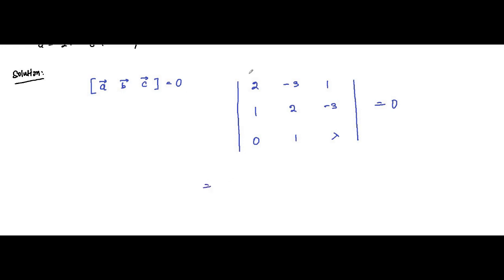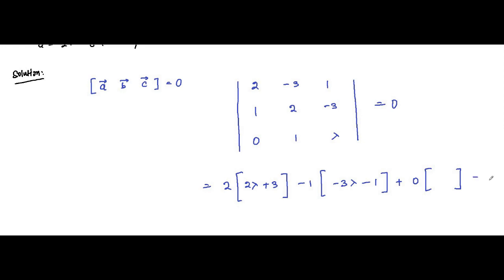So they are coplanar, we have to find the value of lambda, which means the determinant is equal to 0. We'll calculate it along the first column. So it will be 2 into 2 lambda minus of minus 3, which becomes 2 lambda plus 3, then minus 1 into minus 3 lambda minus 1, plus 0 with whatever the value is, the result will be 0, so no need to calculate.